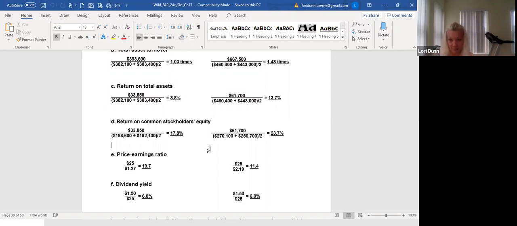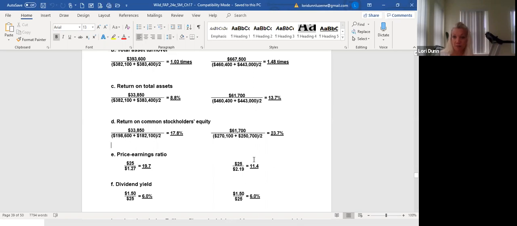The general explanation is it's the value the people who buy and sell stock place on $1 of that company's earnings per share. So if Fargo's earnings per share increases or decreases by $1, the stock price should increase or decrease by $19.70.